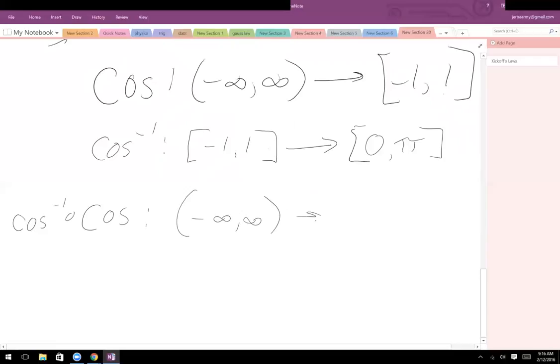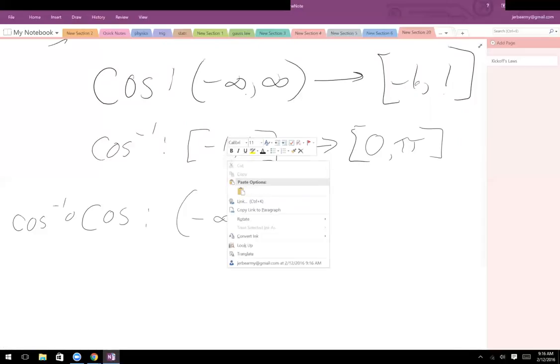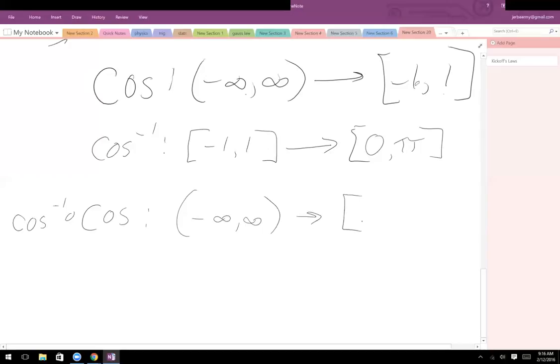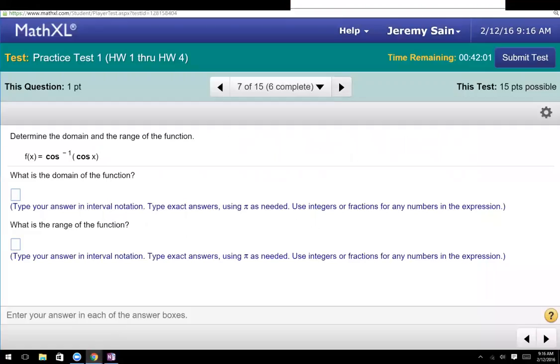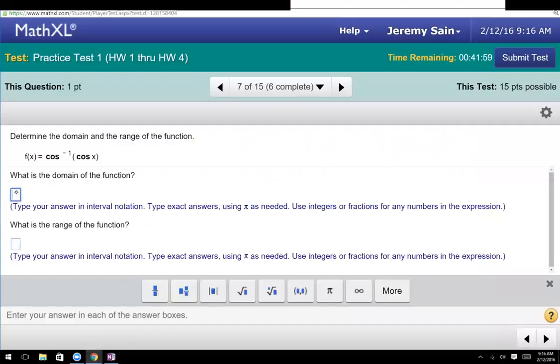And for the range, we plug in something here, it gives us something in -1 to 1. We put that into inverse cosine, and it gives us something in 0 to pi. Actually, it's a closed bracket at pi. So the domain is -infinity to infinity, and the range is 0 to pi. Oh, that's the answer.